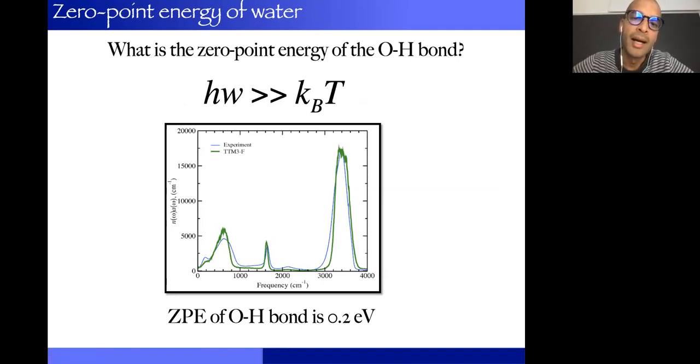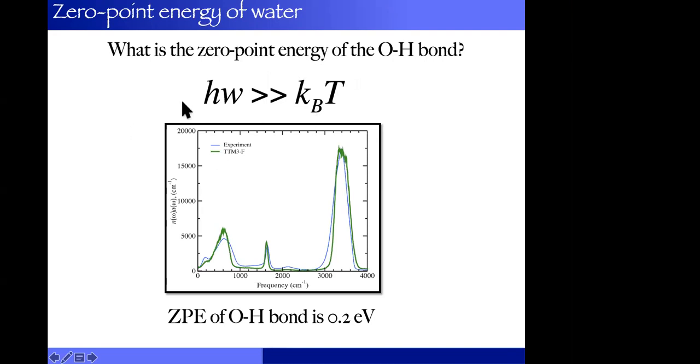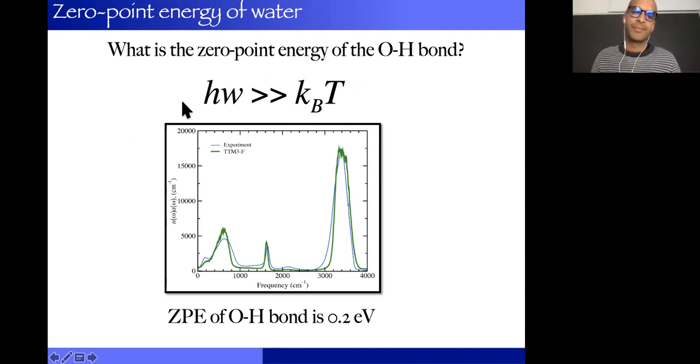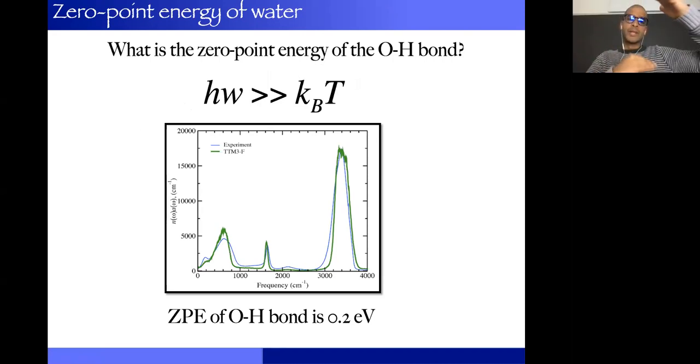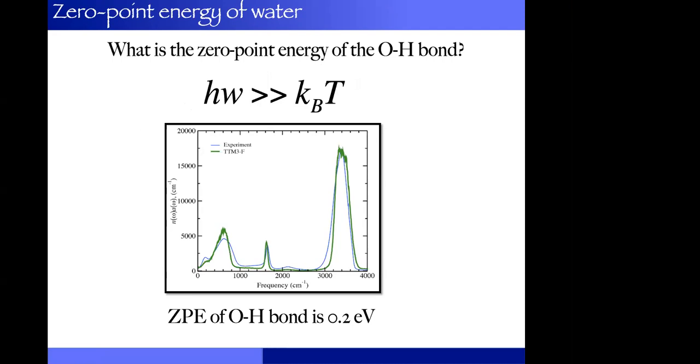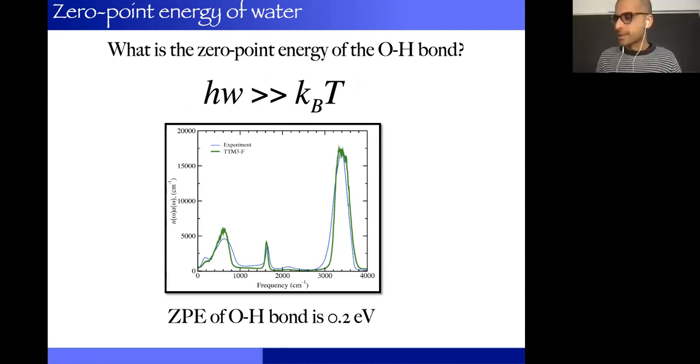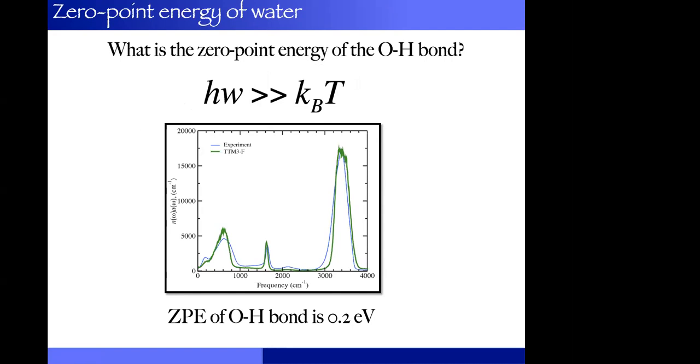If I remember correctly, you have to go up to about 580 or 590 Kelvin before thermal energy becomes close to 0.2 eV. As long as there's a big gap between thermal energy and zero point energy. k_B T is 0.025 eV, that's correct.